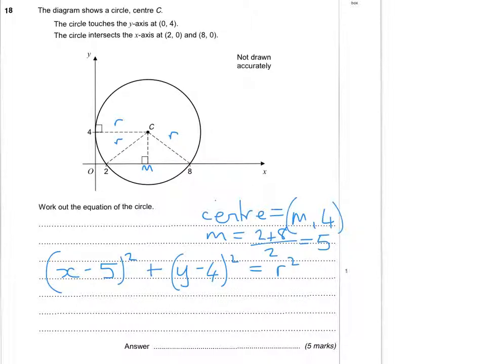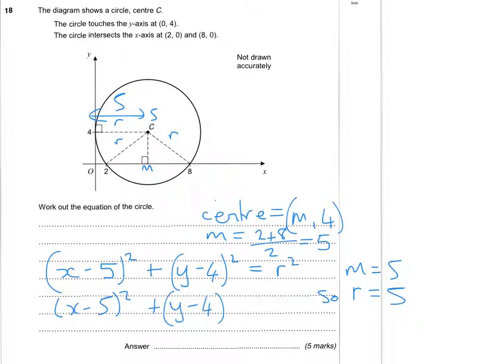If M is 5, then the radius from C to the x-axis, that length is 5, so r equals 5, so it's x minus 5 squared plus y minus 4 squared equals 5 squared. I'll just check this to the side. So this is 4, this should be 3, 5 to 2, that's 3, 3 squared plus 4 squared is 5 squared. Yes, 5 is the radius, so that should work.